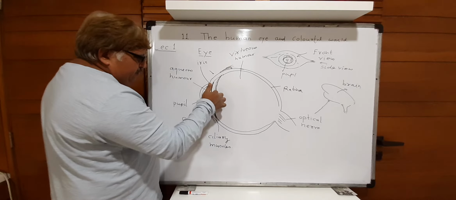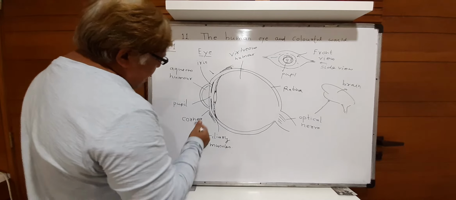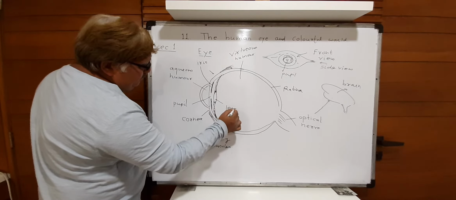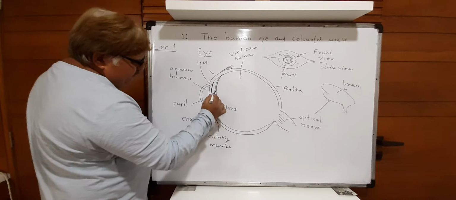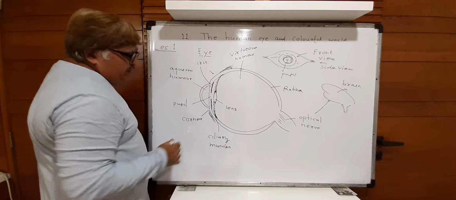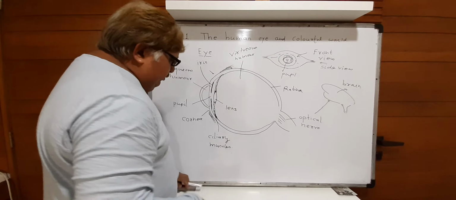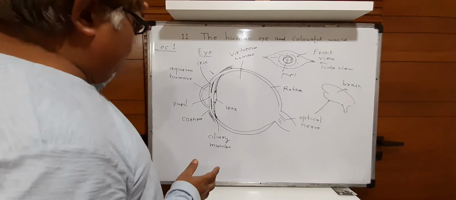Then fibrous jelly-like lens. We could not label it. This is lens. Okay. It is fibrous jelly-like lens. And the size of the lens is controlled by which muscle? Ciliary muscles. Understand? And then this is vitreous humor. We have shown each and every part and mostly the diagram looks okay.